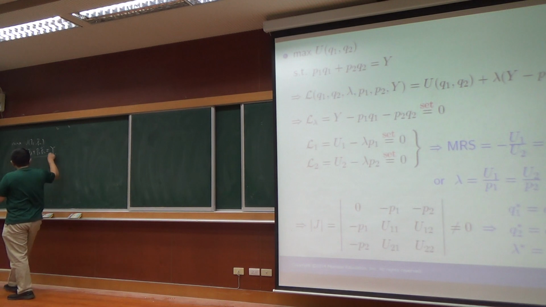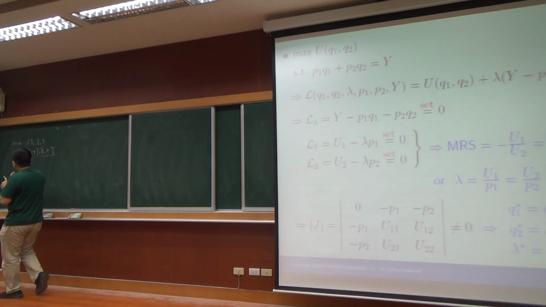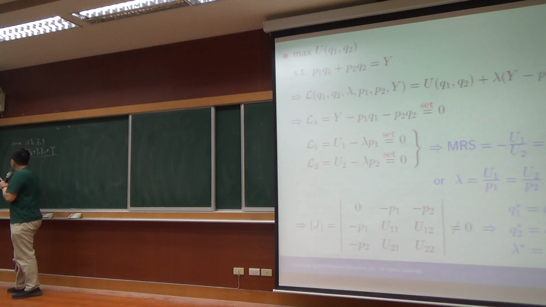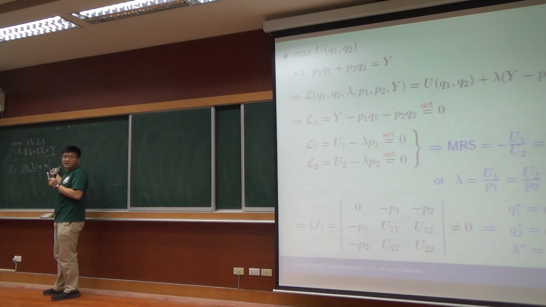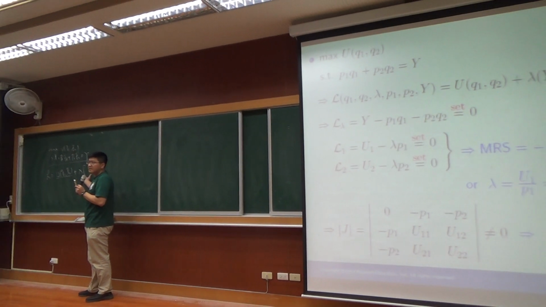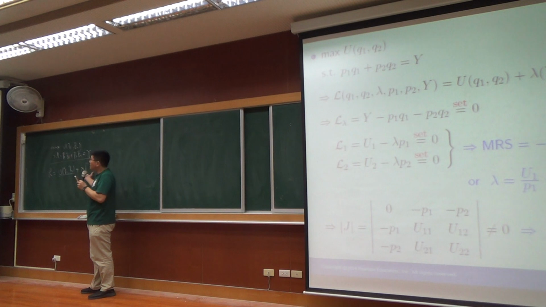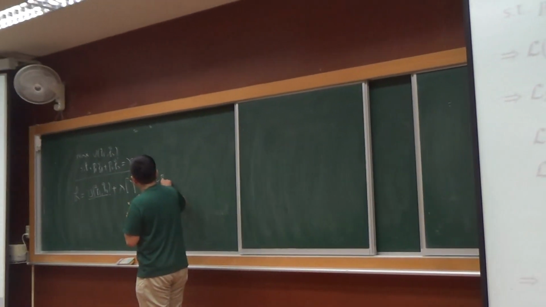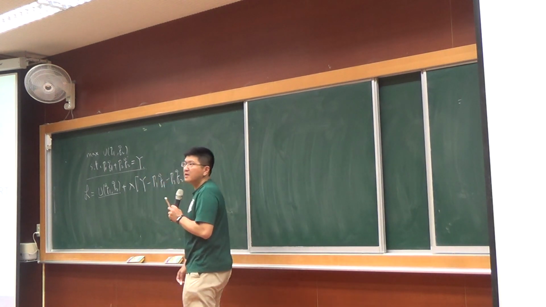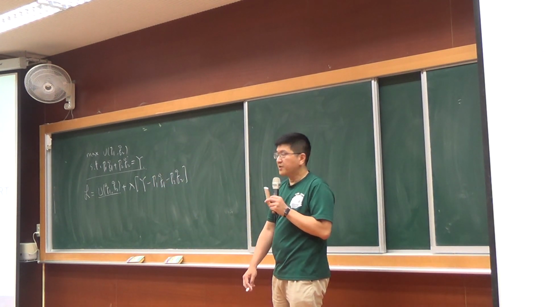Whenever you see the problem specified like this, the first thing is to put down the objective function u of q1, q2, plus lambda, and then what should I put in the first place? The resource. What is the resource? Y. Y minus P1 Q1 minus P2 Q2. This would be the Lagrangian function.